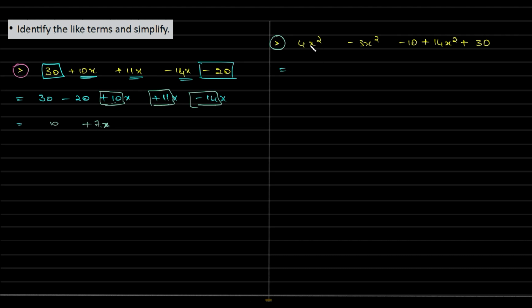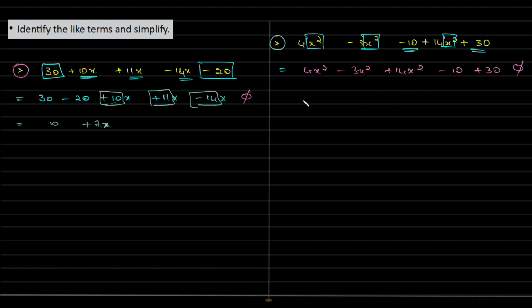So here I have x square, x square, x square, these are your like terms, right? Then negative 10 plus 30 are another bunch of like terms, so write it down separately. These steps are not required actually, but when you have such big ones, it's better to write down the like terms.